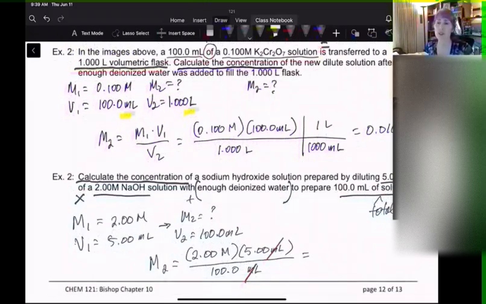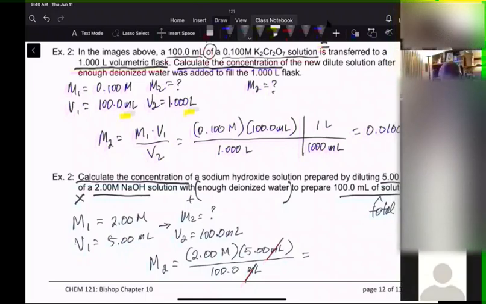Notice in this one you do not need to do the volume conversion because those milliliters just cancel out. So you can just work in milliliters.